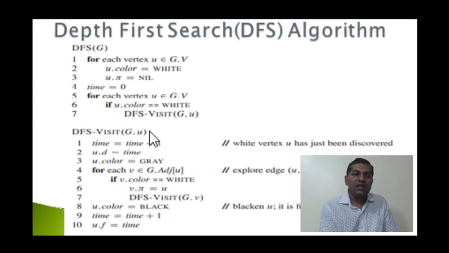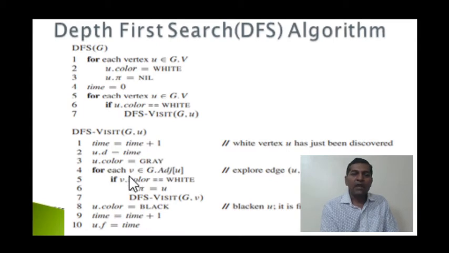This V is again given to the same function, and when V is assigned here, the timestamp is increased from 1 to 2. So this is a second level vertex in the graph. Again time is assigned to that, and we make this gray because now it has been discovered.